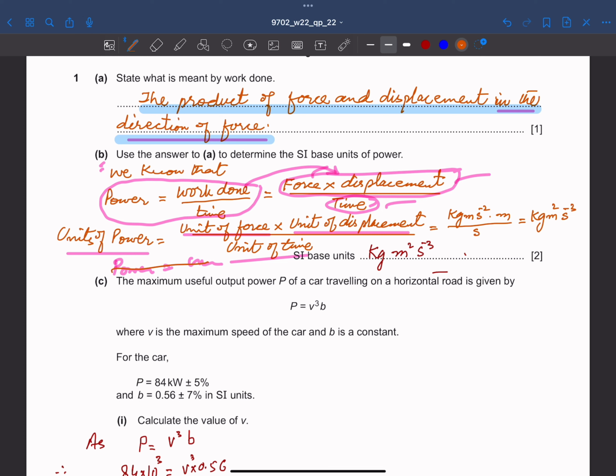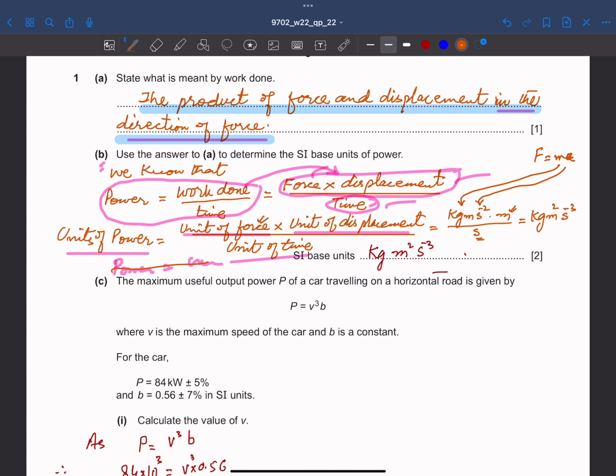And then you already know that force is F equal to ma, which gives you the unit kg, and here you have the unit meter per second square, and obviously the unit of displacement is meter. Very simply, now you can mention that the unit of time is also known, which is second.